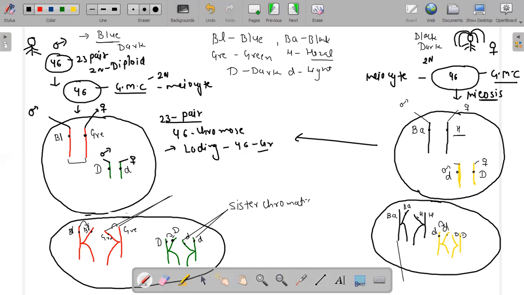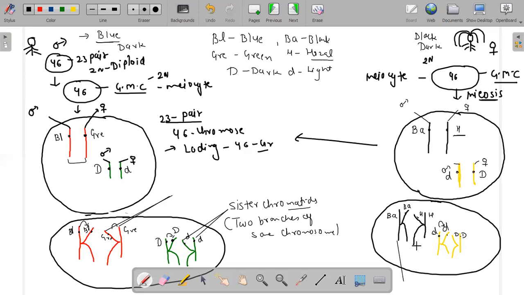Sister chromatids are actually from a single chromosome. Sister chromatids are two branches of the same chromosome.